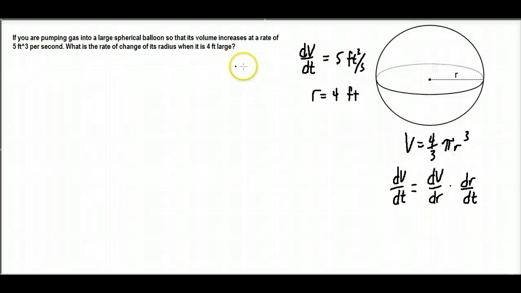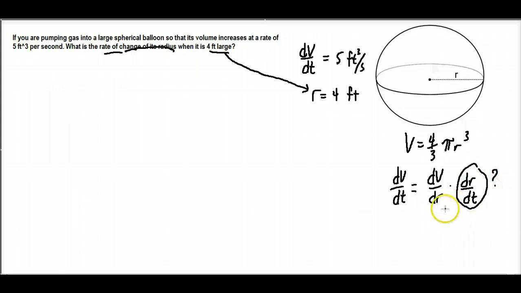And so here, this says what is the rate of change of the radius when it is 4 feet large. So this part relates to the radius, but this part here, rate of change of the radius, is asking us about this portion here. So that's what we're actually trying to find.